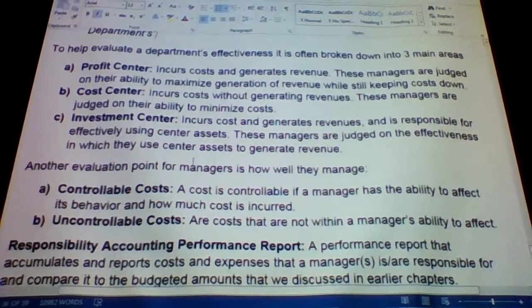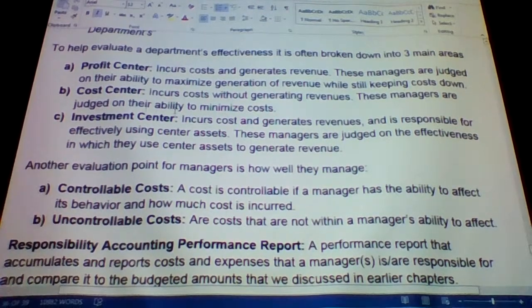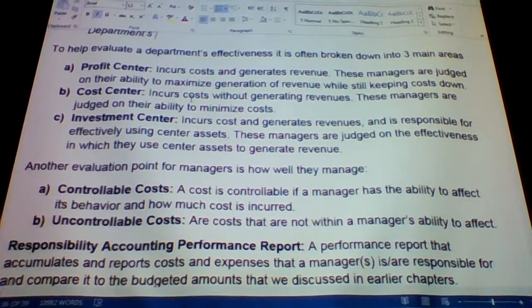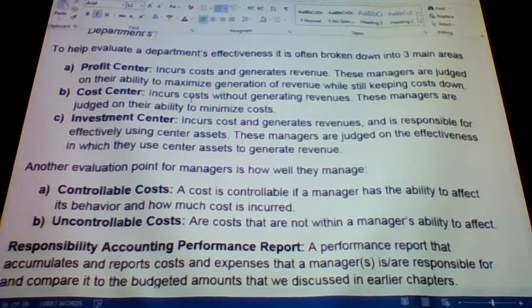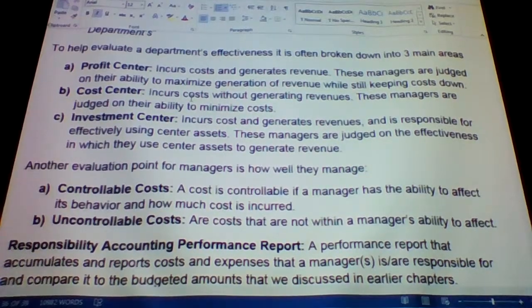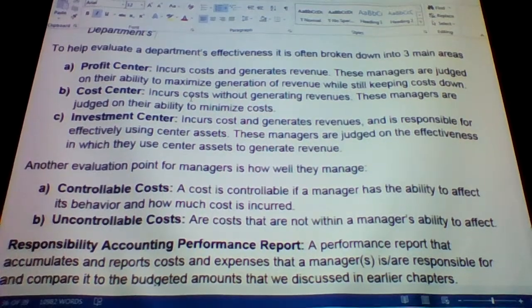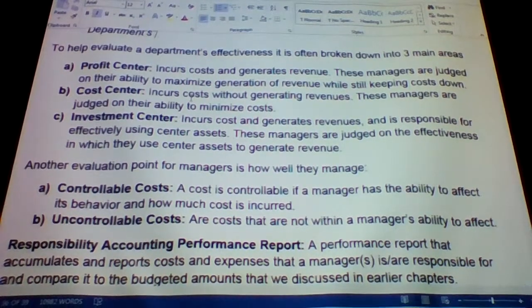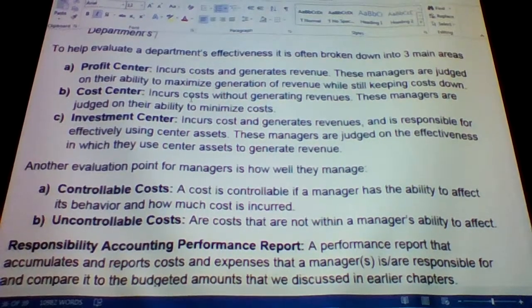Okay? And then we have C, investment centers. These incur costs and generate revenues, and they're responsible for effectively using that center's assets. Most companies keep a fair balance between actual cash on hand and any extra cash they have. They keep some of it in cash on hand, cash equivalents, which means short-term investments, things of that nature.